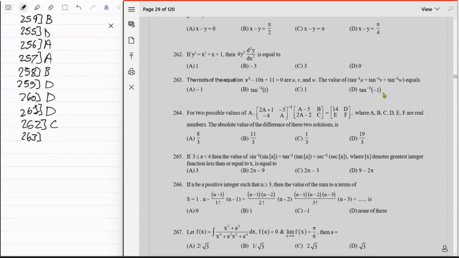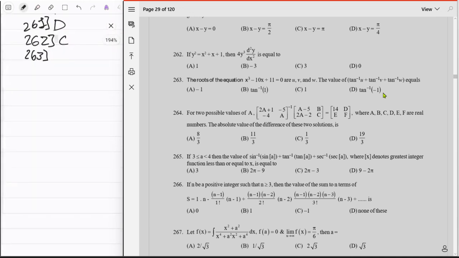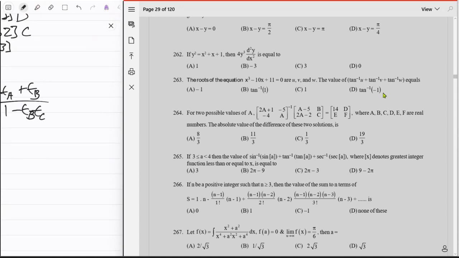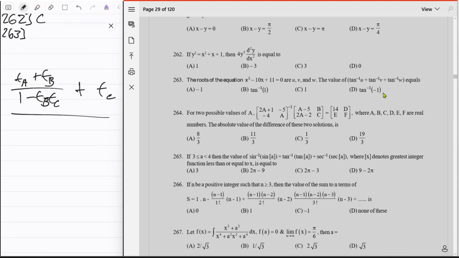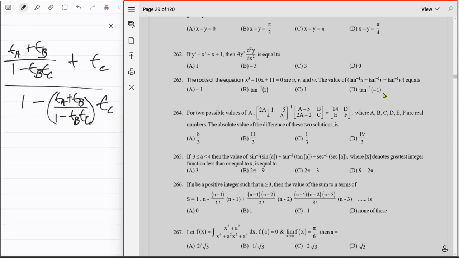We just have to figure it out. So tan of a plus b plus c, we have to do a plus b plus c first. So what do you get? tan a plus tan b upon 1 minus tan a tan b, plus tan c upon 1 minus this thing, so tan a plus tan b upon 1 minus tan a tan b, times tan c. So what does this become?